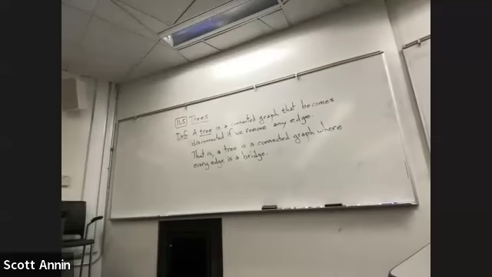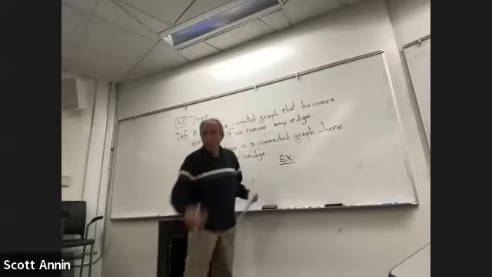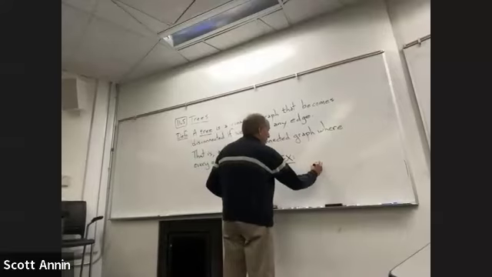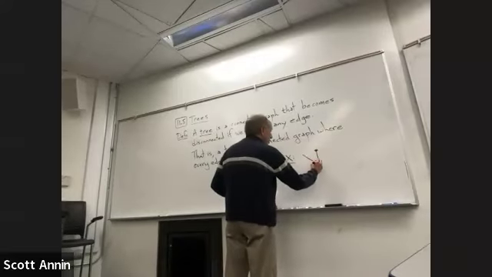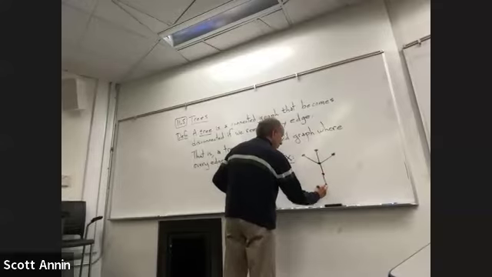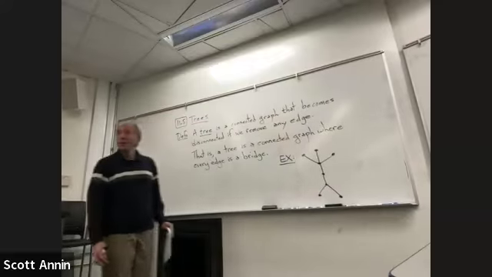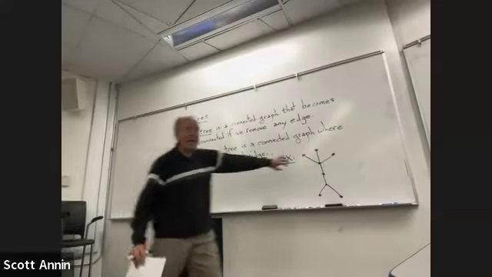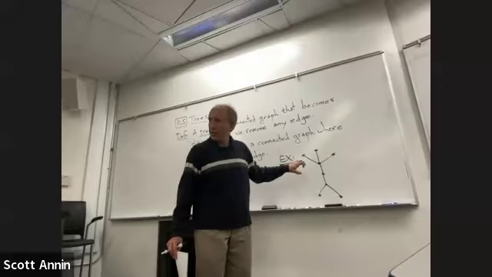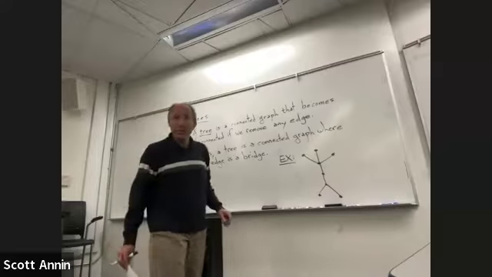Maybe I'll draw just a quick example of something that is a tree. So it could be your good old classic stick figure. Something like that would be a tree. If you remove any edge from this picture, it would no longer be connected.